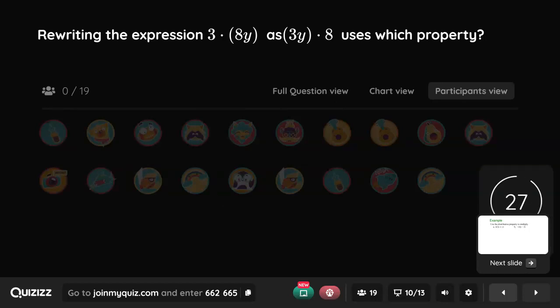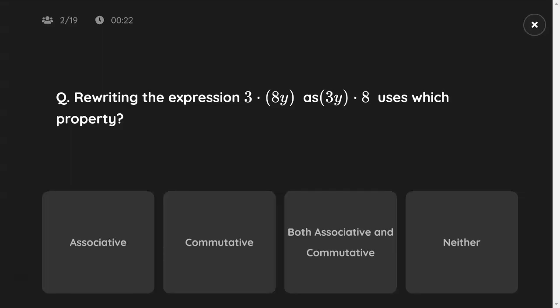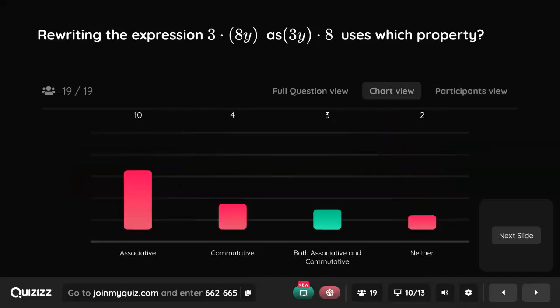So what property was used to change 3 times 8y into quantity 3y times 8? Okay. Associate says, yeah, move the parentheses.